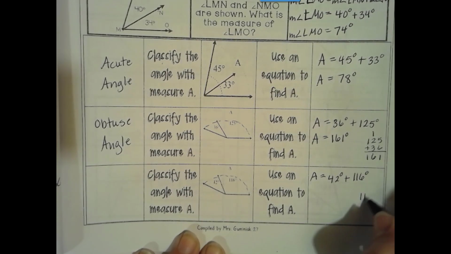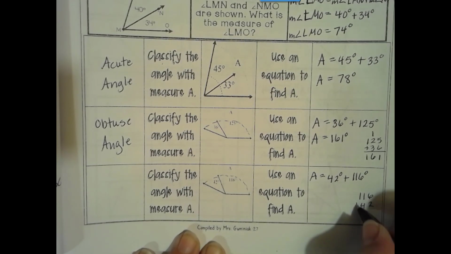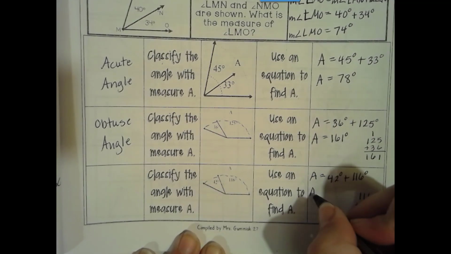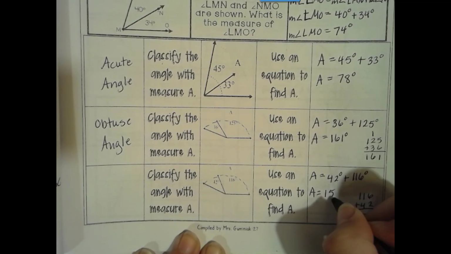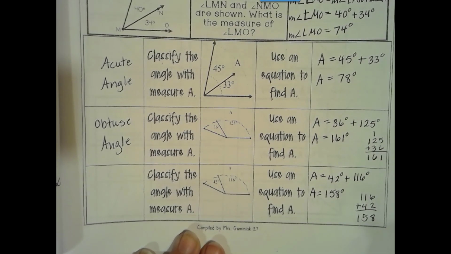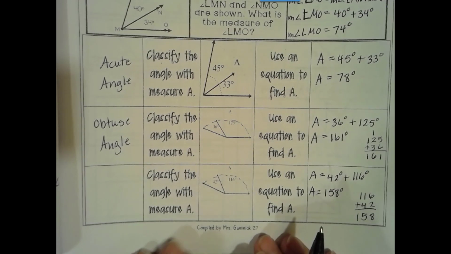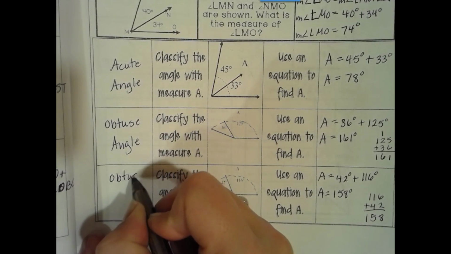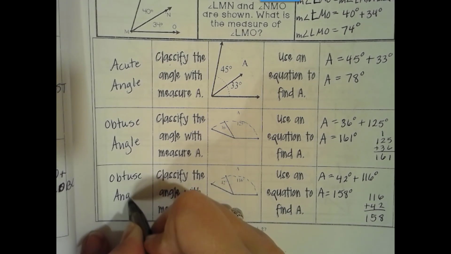So 116 plus 42. 6 plus 2 is 8. 1 ten plus 4 tens is 5 tens, and then 100. So A is 158 degrees. 158 is greater than 90, so it's not a right angle. If it's greater than 90, it is an obtuse angle.